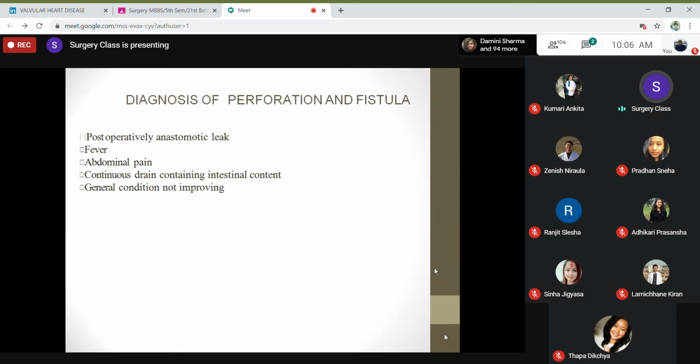So in that case, you'll know that the patient has a fistula or perforation. But if the patient has an enterocutaneous fistula, which is a very low output fistula post-operatively, that may only infect the wound, and the patient can develop some fever, but the condition may not be very much worse. So it depends on what type of fistula it is.